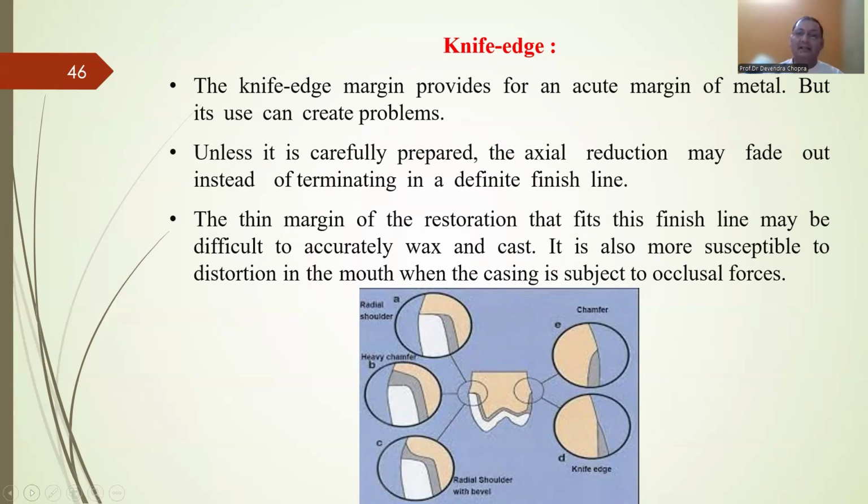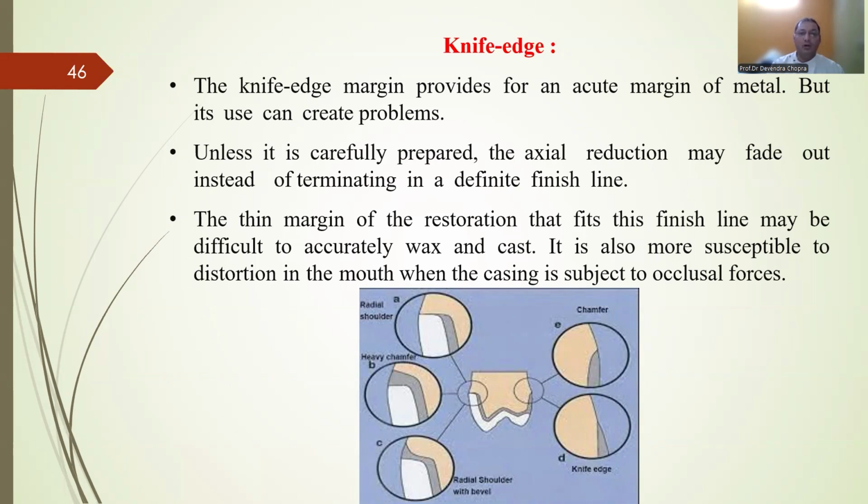But it is not a good finish line whenever you are going for monolithic zirconia or all ceramic crowns. Actually, if you are going with your porcelain fused to metal restoration, you can go ahead with a knife edge finish line. But again, the situation is it has to be a thin margin of metal. No doubt, if you check out the adaptability, it is even better than your chamfer finish line.